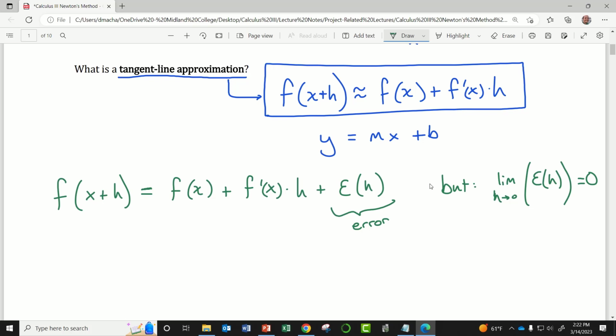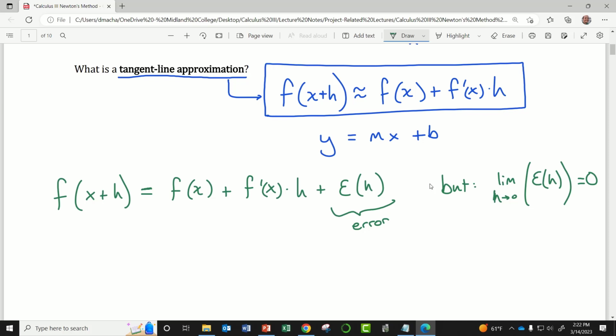So if h is 0, this term goes away, and this x plus h just becomes x plus 0, and what I'm left with is f of x equals f of x, and of course there can't be any error term to add on to this because that's already true. That's kind of a given, and you don't need the tangent line for that, right?